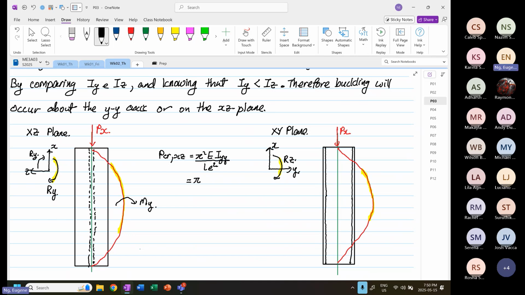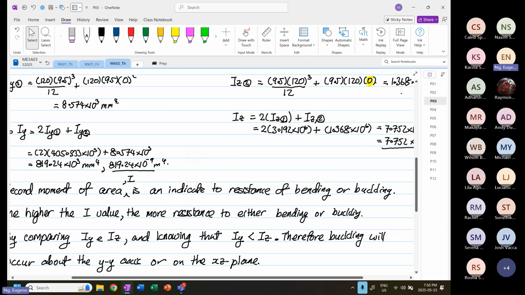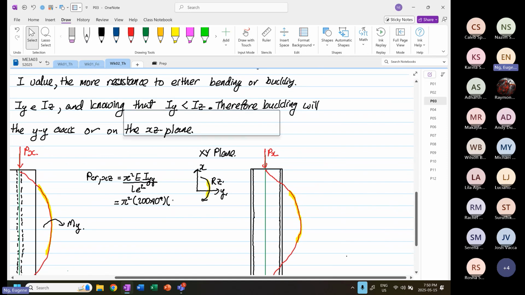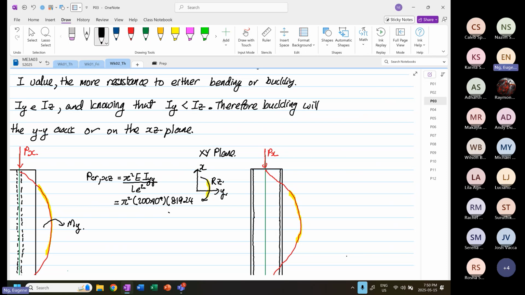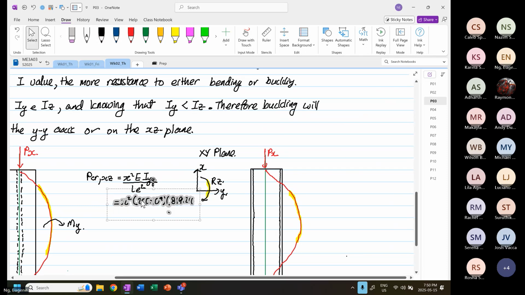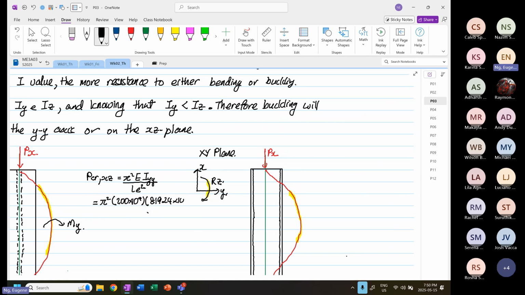So this is equal to pi squared, and the Young's modulus given to us is 200 times 10 to the power 9, and our IYY value is 819.24 times 10 to the power minus 9. It happens that our equivalent lengths are the same, so the equivalent length is 6 squared.